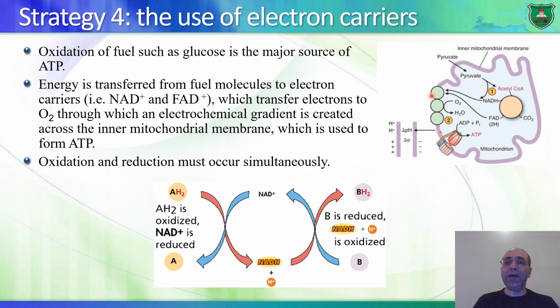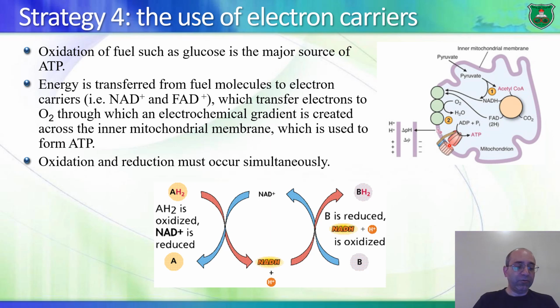Now, this gradient is eliminated by an ATPase molecule transporter. As these protons move through the ATPase, ATP is produced.